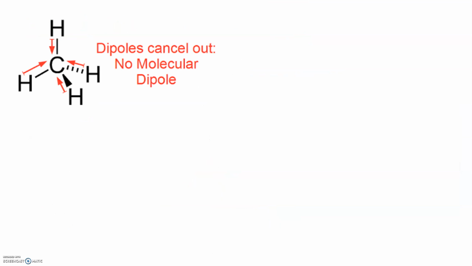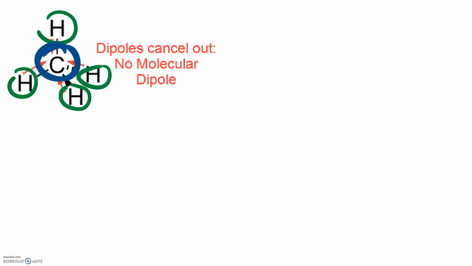And so even though we know that the hydrogens aren't really getting the electrons very often, and the electrons are spending most of their time around the carbon, it means that the hydrogens all have a relatively positive charge, and the carbon has a relatively negative charge.